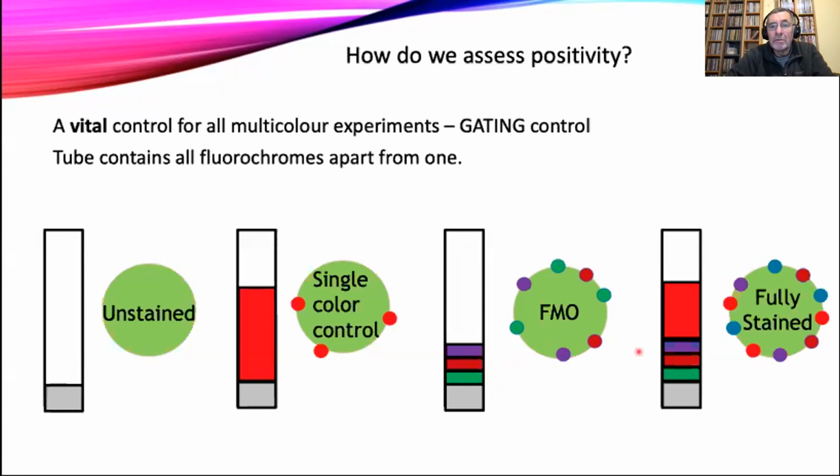So then when I come with my fully stained sample, I know if I see any increase, that must be due to the PE alone. Now, as we'll see in a second, we don't always need FMOs for every color. If I've got an obvious positive and negative, I can get away with it. The importance of this control is where we're getting a change or a gradation in the fluorescence that we're seeing from our markers. But let's see this in practice.